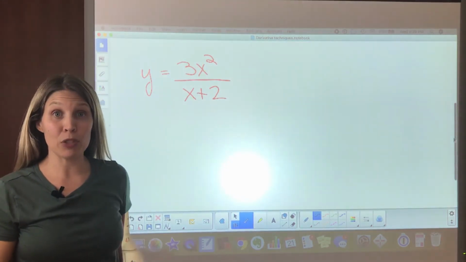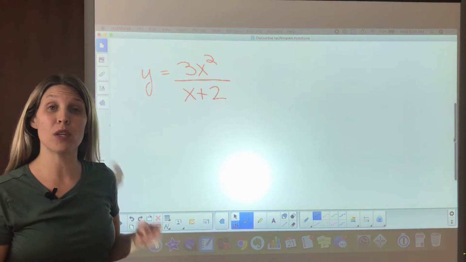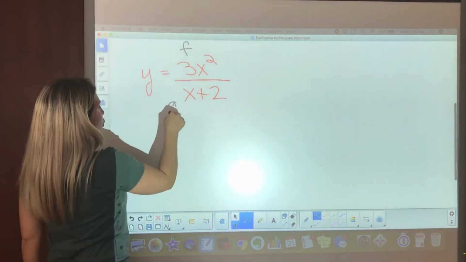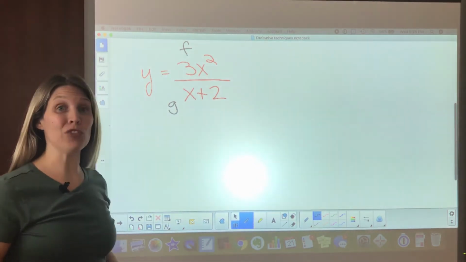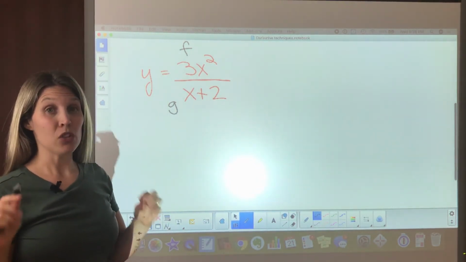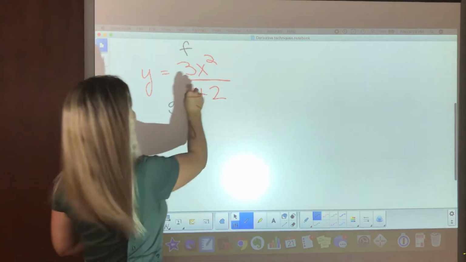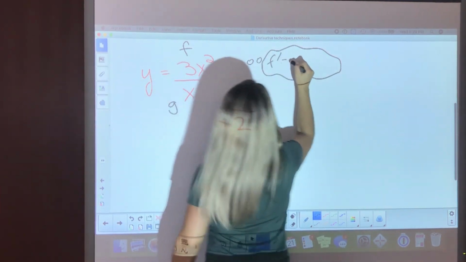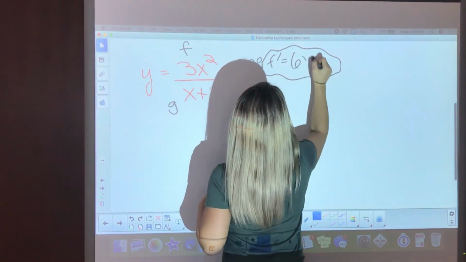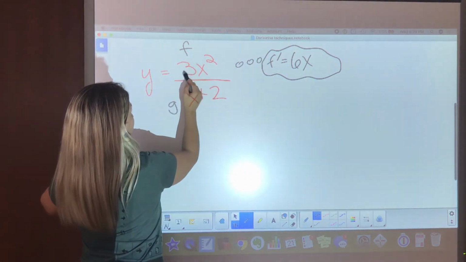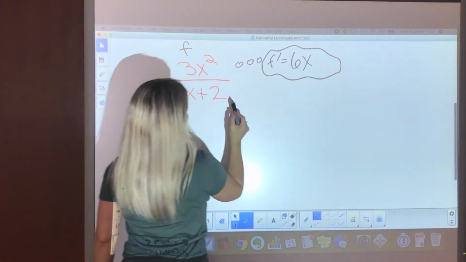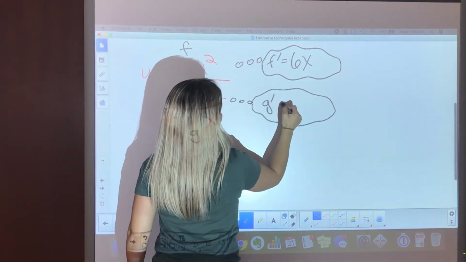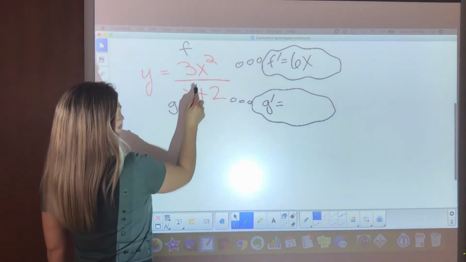Now let's try an example to see how this works. The first thing I would do is identify your f and your g parts. Right, here's your f, here's your g. Again, the other thing I would do is find the derivatives and put them in thought bubbles so you can easily just grab them. So for your numerator, your f prime would be 6x, right? The 2 comes down front, 3 times 2, and then you subtract a power. Your g prime, your power on this x is just a 1.